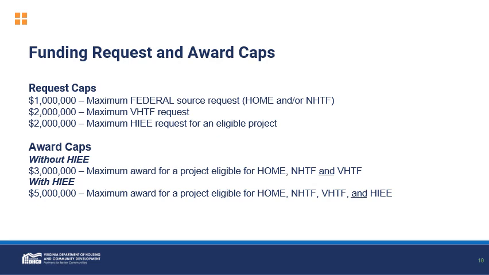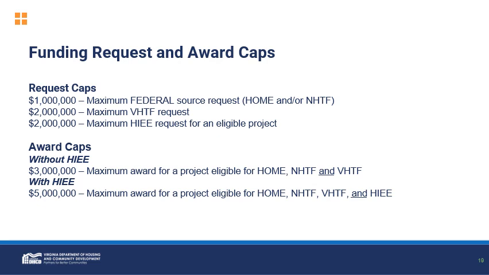Our funding caps are as follows. You can request up to $1 million of a federal source. So HOME and/or National Housing Trust Fund can be requested up to $1 million depending on eligibility. $2 million is the maximum Virginia Housing Trust Fund request, and $2 million is the maximum HIGH E request.